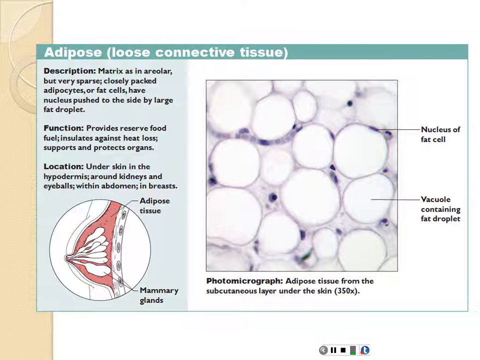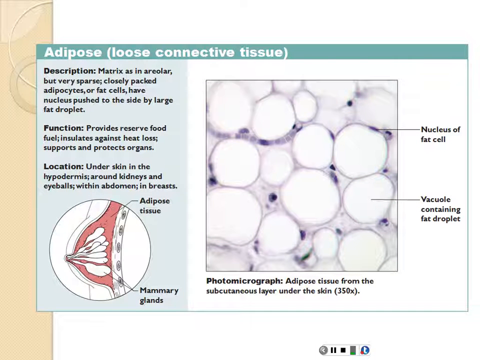So the function, what is the function of adipose tissue? Provides a reserve food for fuel. So it stores nutrients in the event that you have to go a while without eating. So it insulates also against heat loss somewhat, and supports and protects organs.